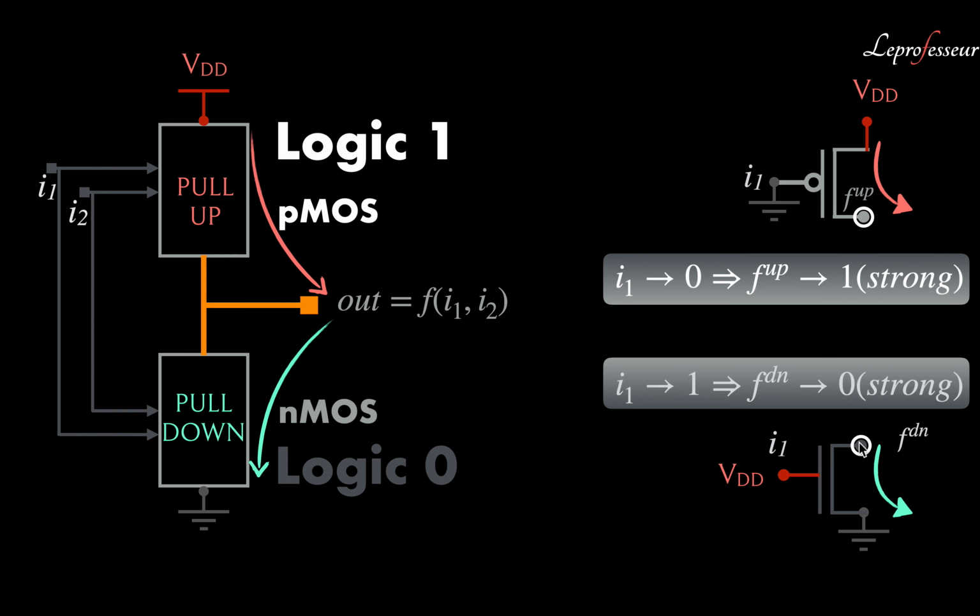If we take the output from another terminal, that will be pulled down to ground. And we have formalized a few equations: if the gate is connected to 1, the output, which we represented with the pull-down network output, will be pulled down to logic level 0 or ground.